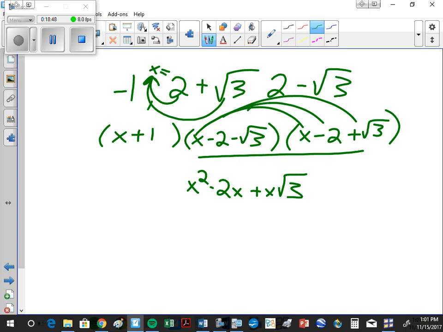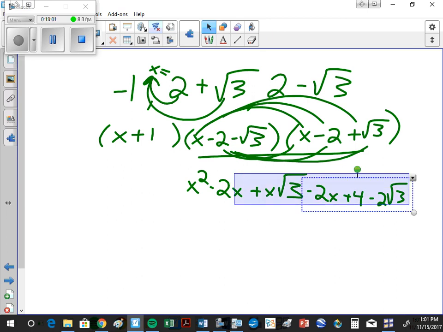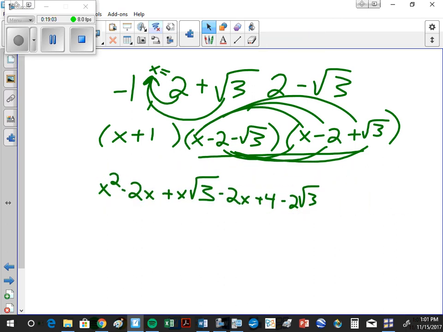Is everybody okay with that? Now I move on to the negative 2. Minus 2x plus 4 minus 2 root 3. Slide this over. Okay. What does this one give me? Minus x root 3.